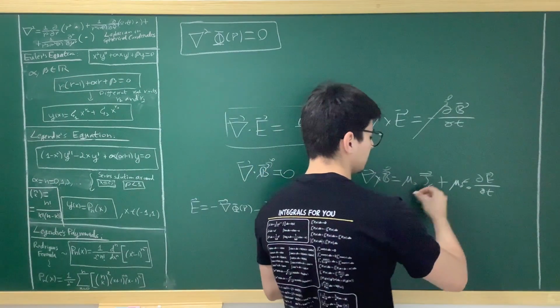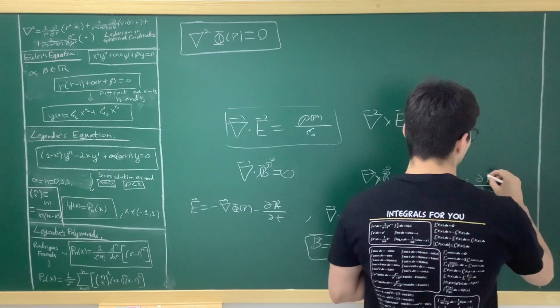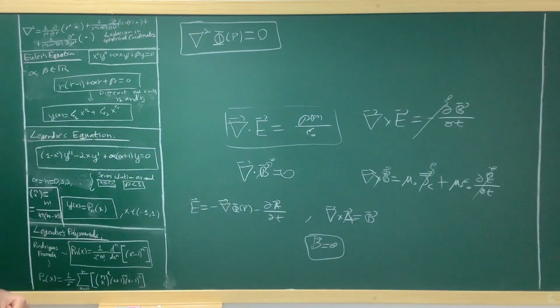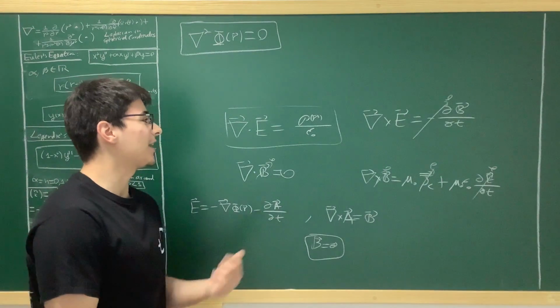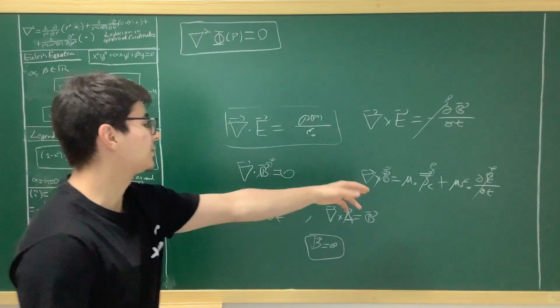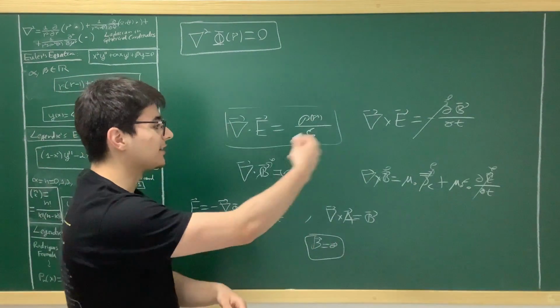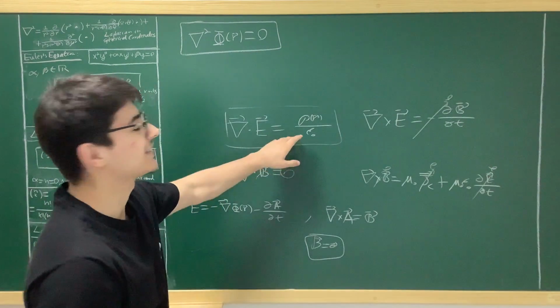This would be assuming also that there are no currents, and that the electric field doesn't vary with time. So as you see, we have simplified everything a lot. We have gotten rid of the conducting current, the magnetic field, and the time variation of the electric field, and we're just going to stick with this.